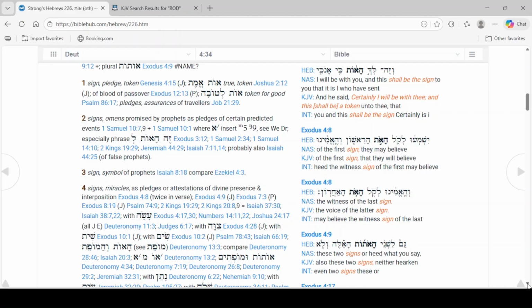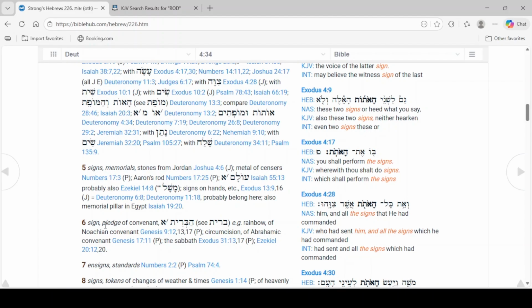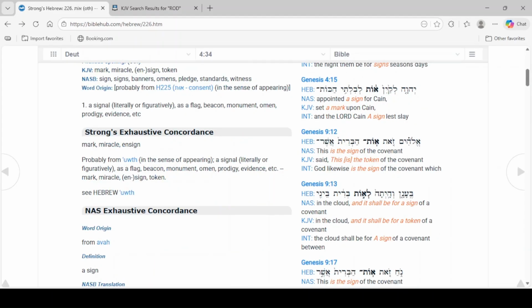And this is even before Christ. I want to point out in particular that it included the covenant, and of course the covenant includes circumcision, it includes the rainbow, it includes I will be your God and you will be my people. Meanwhile, Blue Letter Bible offers a pronunciation, Strong's H226, oath.